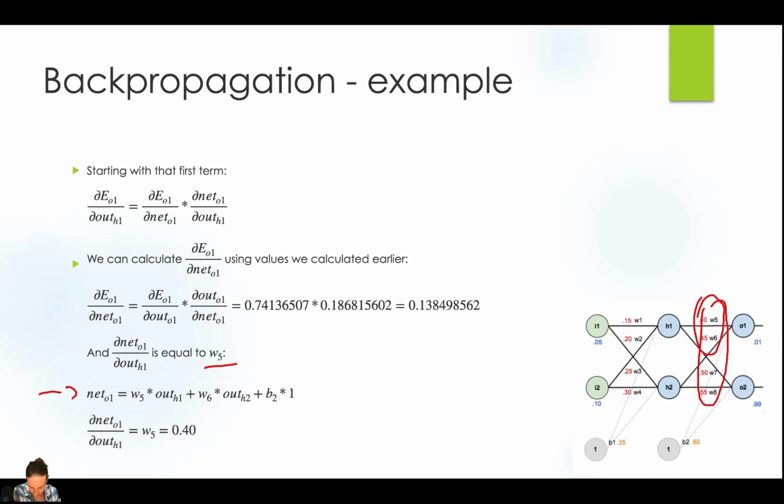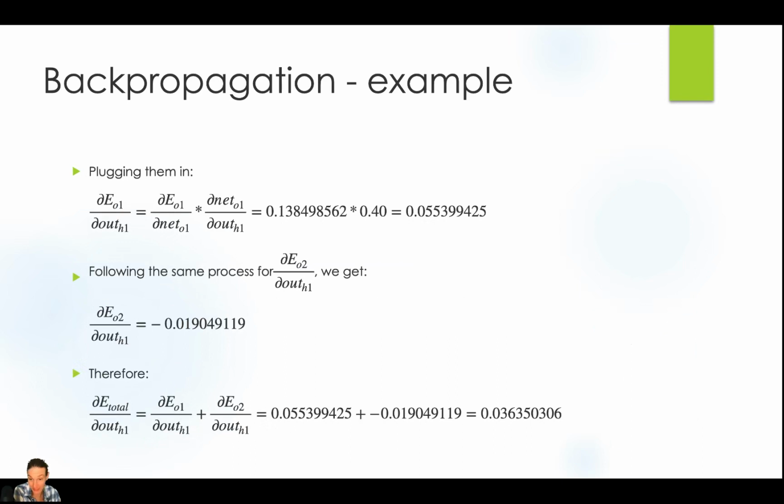If we take the partial derivative with respect to H1, this term drops, this becomes 1, and this is a constant, so it stays, which means it's W5. The value for W5 is 0.40 here, which I occluded for you. So 0.5 is this partial derivative.